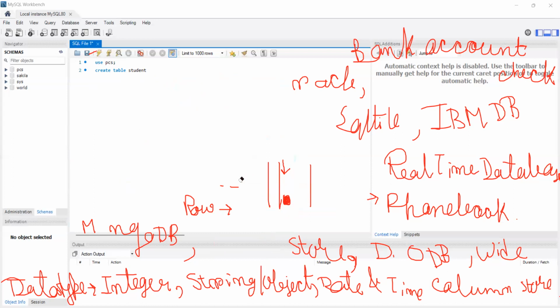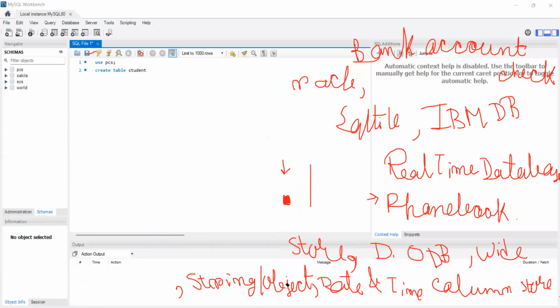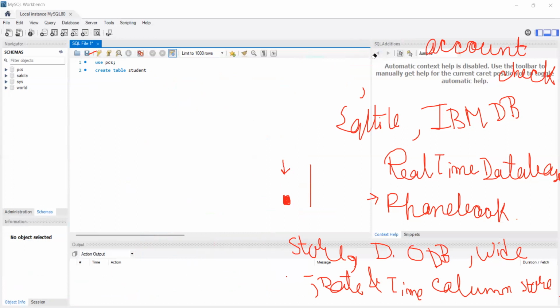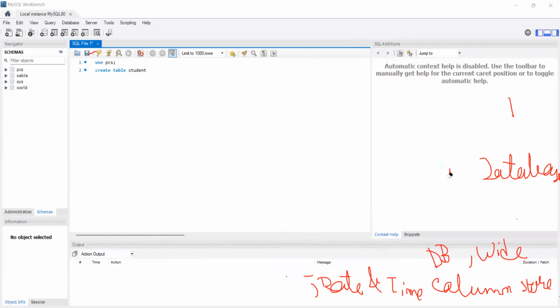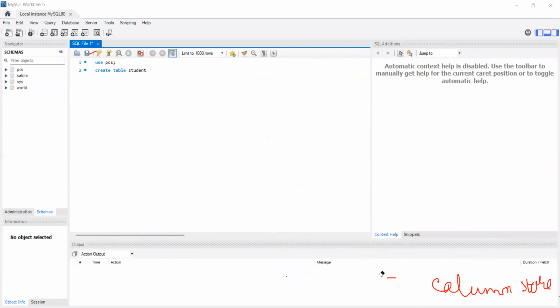Now, please tell me from your side, what is the necessity of using a database rather than Excel? Before starting our main topic, I just want general knowledge from all of you. Why do you learn RDBMS or DBMS or SQL? Because everybody knows the basic components of Excel from childhood. So why does the IT sector work with databases if there is Excel? Tell me what is necessary about using SQL rather than Excel.